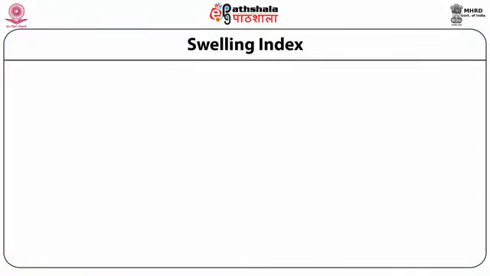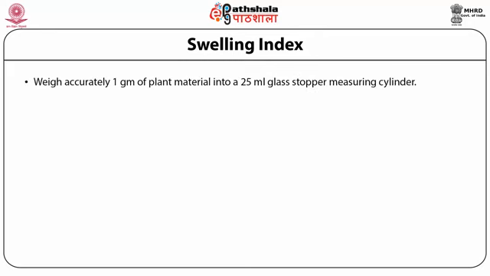So the next parameter is swelling index. This has limited application because it is applicable for those substances which contain gums and mucilages and have the tendency to swell when treated with water. Here an accurately weighed sample of 1 gram of plant material is placed in a 25 ml glass stoppered measuring cylinder.